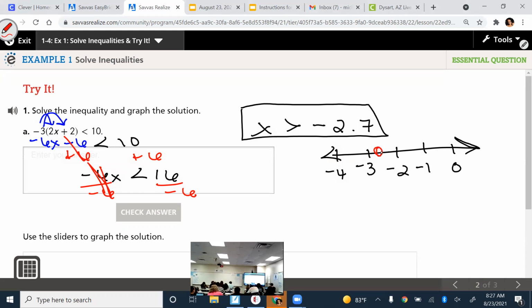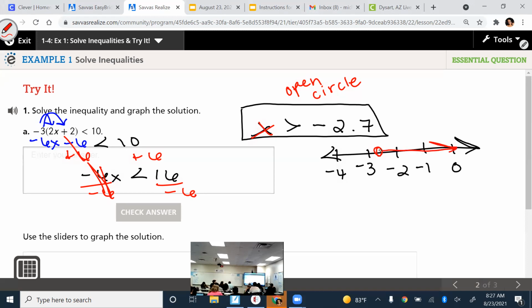Is it an open or closed circle? Definitely an open circle. And then is it going to point to the left or to the right? Think about it. X is the bigger number here, right? So which way are the numbers bigger than the negative 2.7?